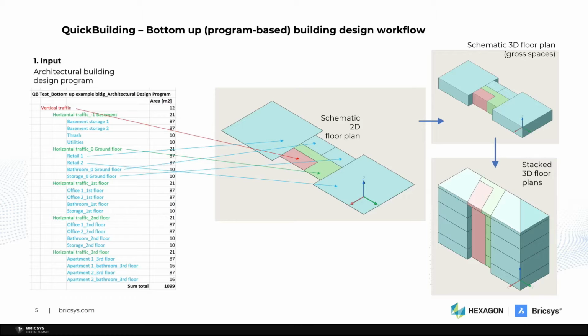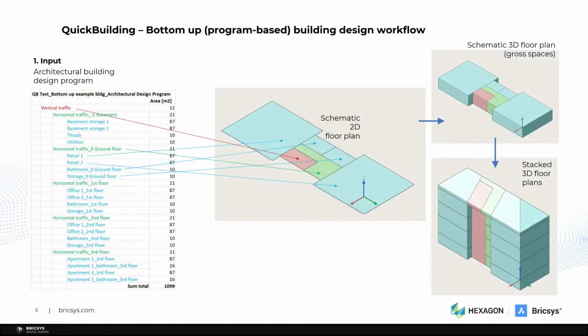Here we must explain the difference between the gross and net space concepts. Gross space is a spatial representation which also contains the building elements. So the rooms here, or the spaces they touch, there are no walls or slabs yet, while net spaces don't contain the building element volumes.